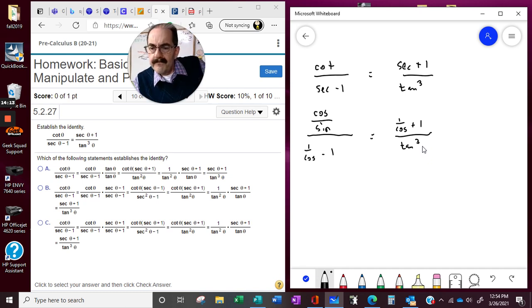Okay, I'm liking this tan here. I can see multiplying both sides. Multiply top and bottom by tan.